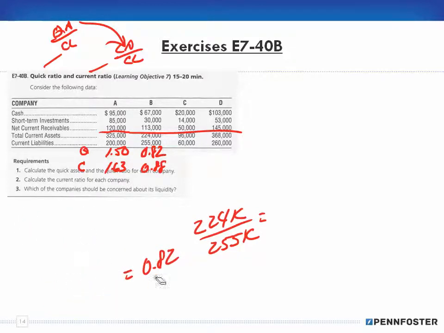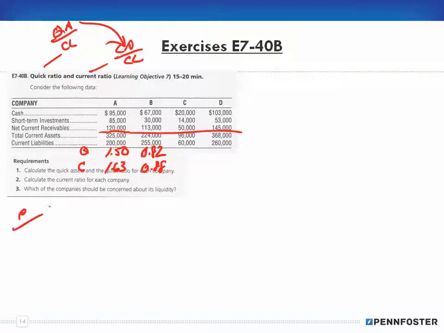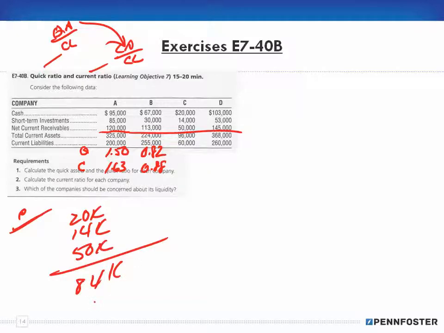Now the thing about this is, you're given 4 different scenarios, and even though we're doing basically the same math, try to, in your mind, treat each one as if you were approaching it for the first time. You just saw me scribble down 3 numbers and do the math for 84,000, and then I'm going to divide it by 60,000, because that's what I did for A and B. But really what you should be doing in your mind is saying, okay, I'm working on the quick ratio here.